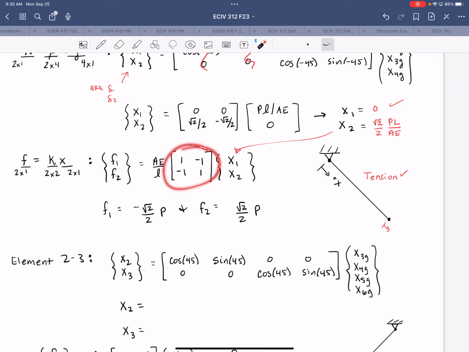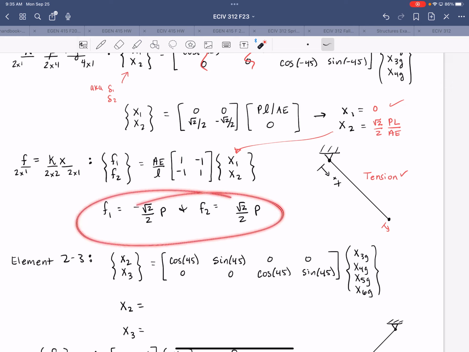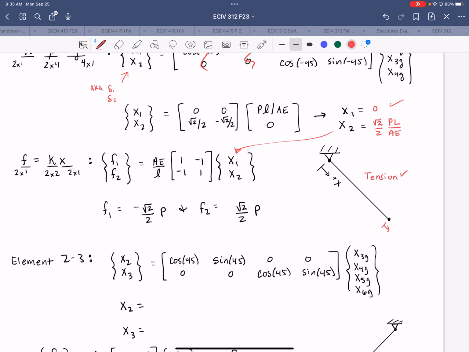Because your K matrix is going to be assembled of 1s and negative 1s. So these two member end forces should be the same magnitude and opposite directions. Interpreting that to our sign convention for the local axis, right? At node 1, we have F1 is square root of 2 over 2 P.